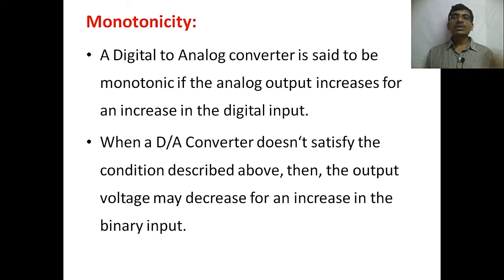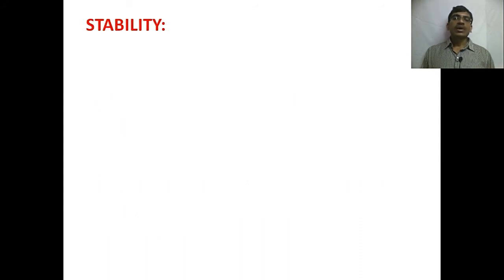If the input varies and the output decreases, that is called non-monotonicity. That is about monotonicity. Otherwise, if it decreases, the output will be non-monotonic.